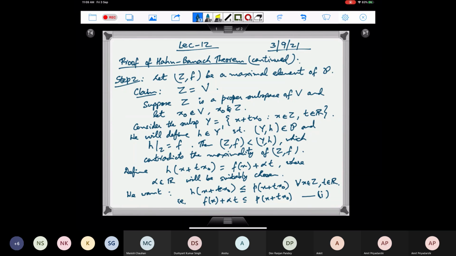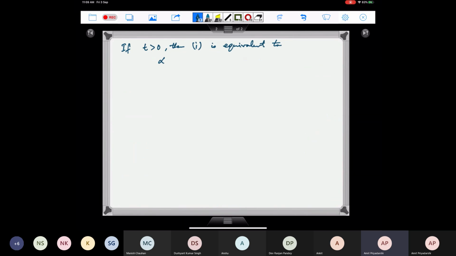So alpha is less than or equal to p of x plus t x naught minus f of x, divided by t.